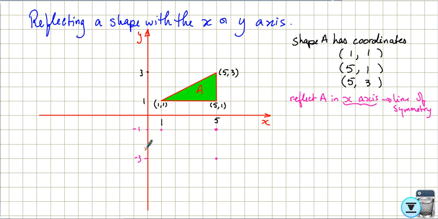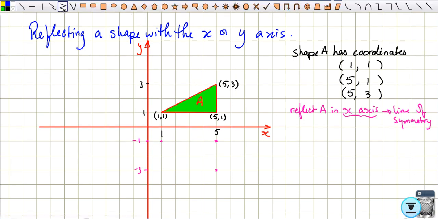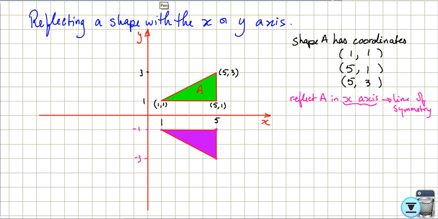So my reflected shape is going to be as follows. And that is the reflection of A in the x-axis. So if I had to write the coordinates, this was 5, minus 1, this was 5, minus 3, and this is 1, minus 1.